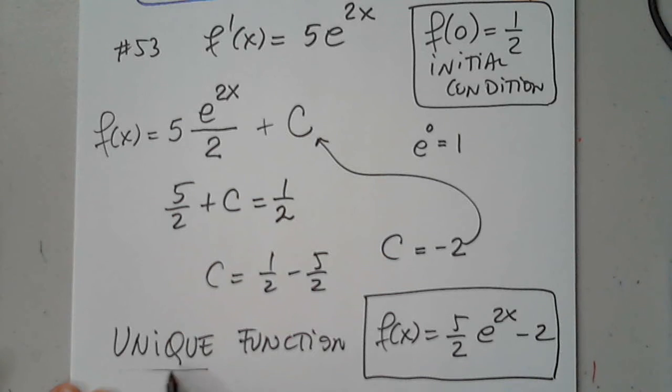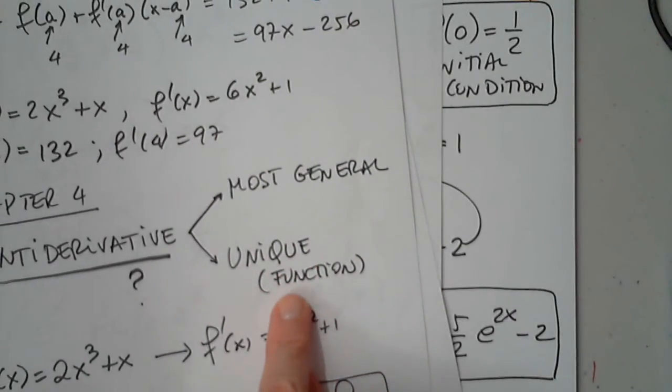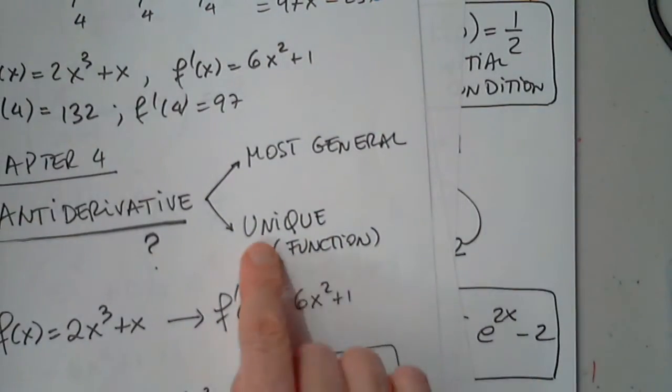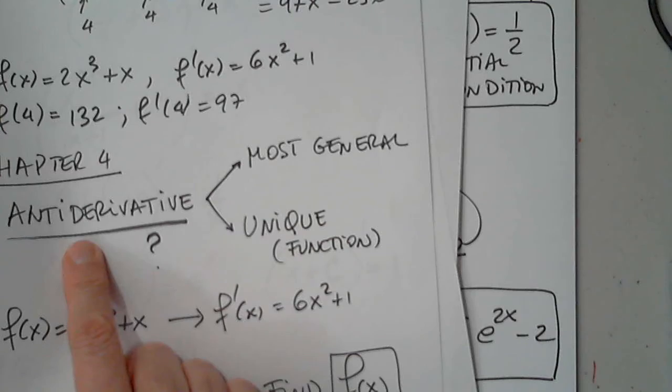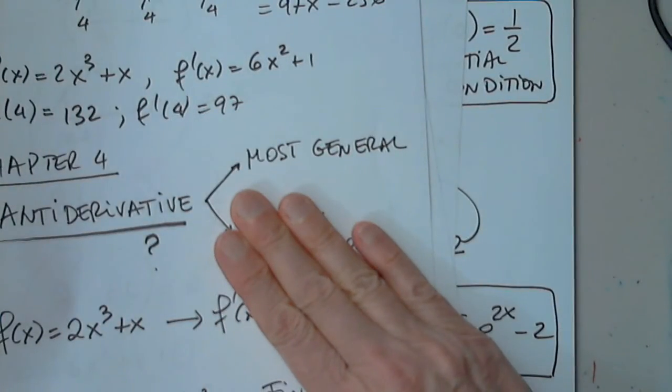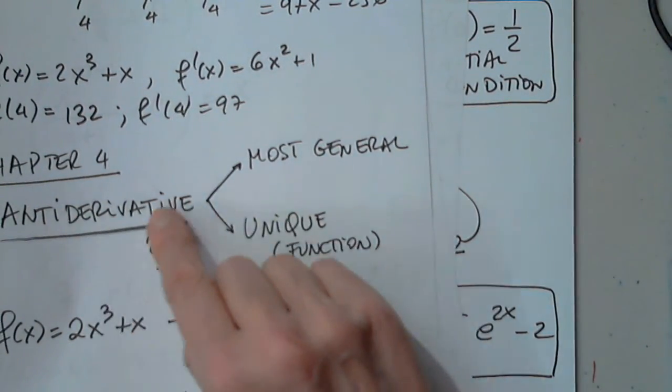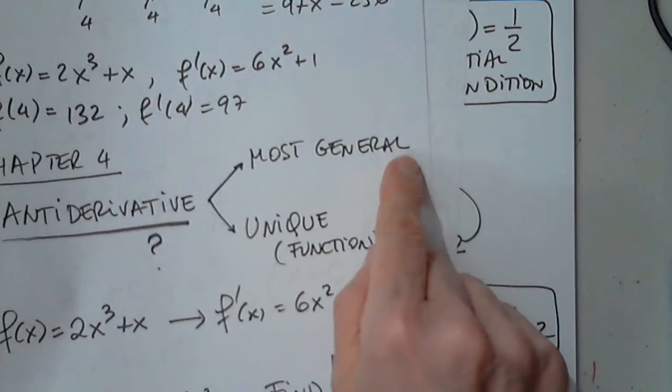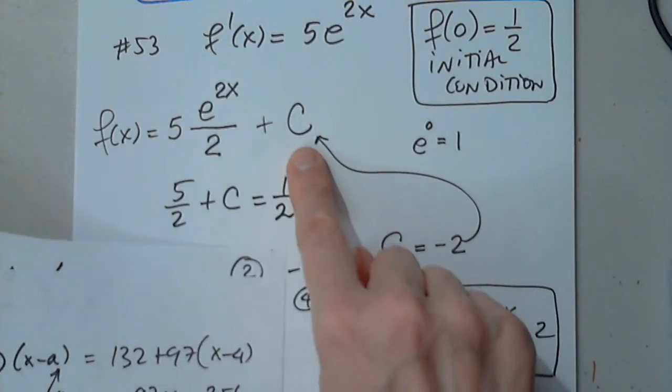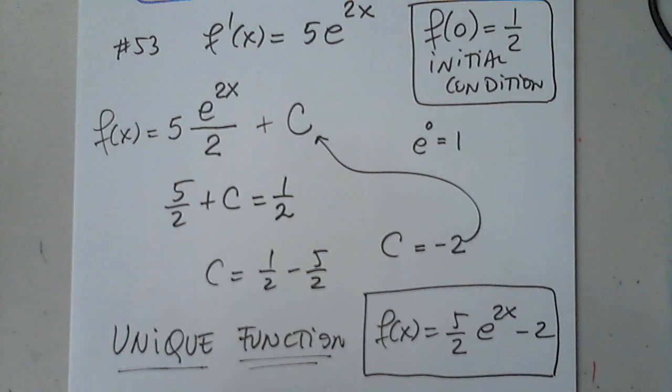So that's why this time we have a unique function or antiderivative. We said this from the beginning. If I'm given a condition, I will determine a unique antiderivative. If I'm not given a condition, I determine the whole family of functions, which means it has to have c in it. If you don't like c, put any other constant. We don't care. We'll use c.